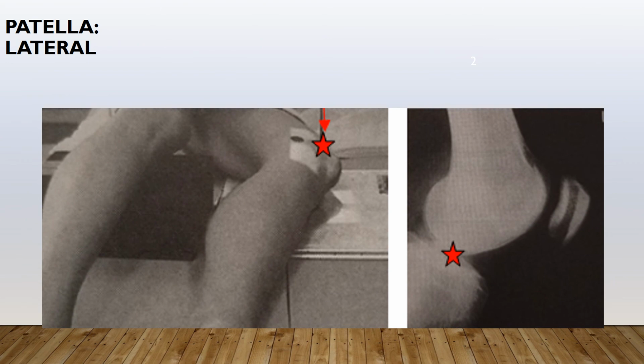Here's a lateral view of the patella. You want to turn the patient onto the affected side with the knee flexed 5 to 10 degrees. The patellofemoral joint area is centered to the central ray and midline to the image receptor, and the central ray is going to be parallel to the mid-patellofemoral joint.